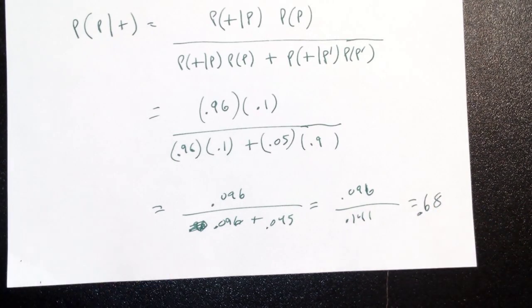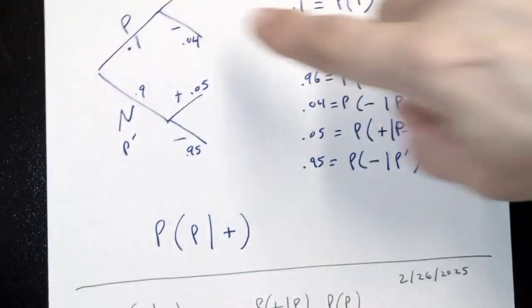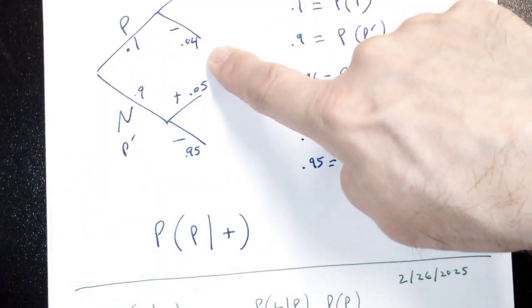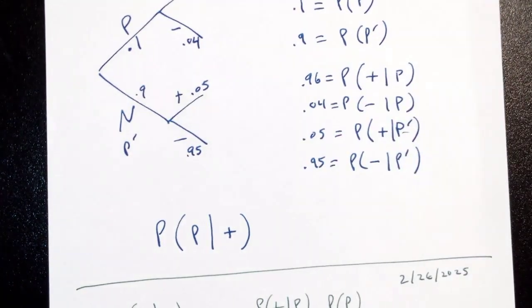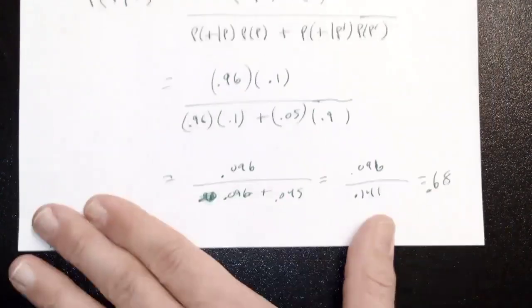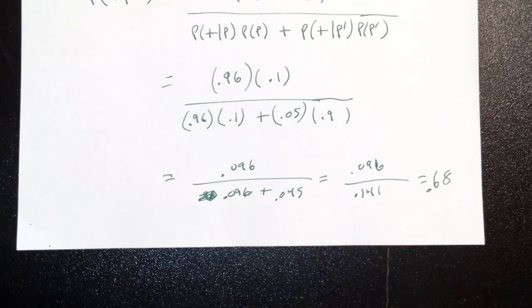So here's an interesting note. I have a test that is only wrong either 4% of the time or 5% of the time. You're pregnant, but you get a negative test 4% of the time. You're not pregnant, but you get a positive test 5% of the time. You show me a positive test, there's only a 68% chance you're actually pregnant.